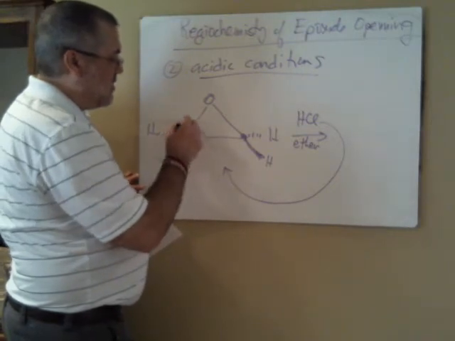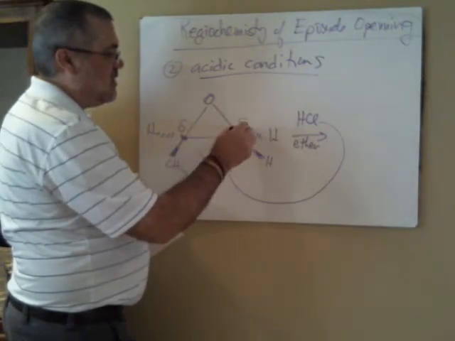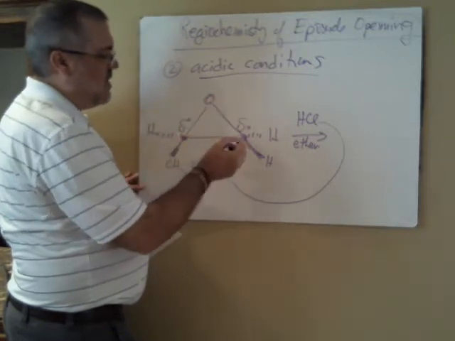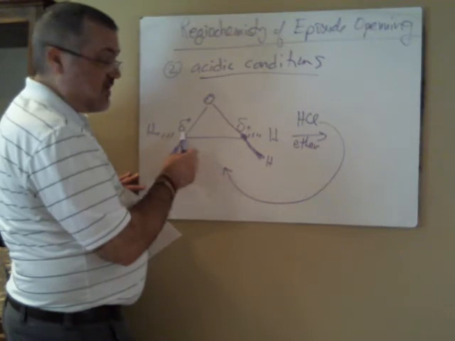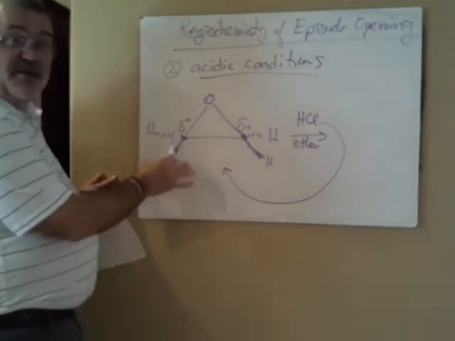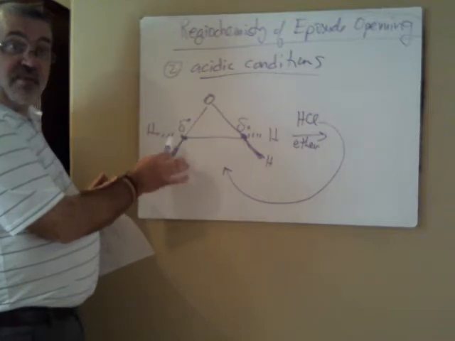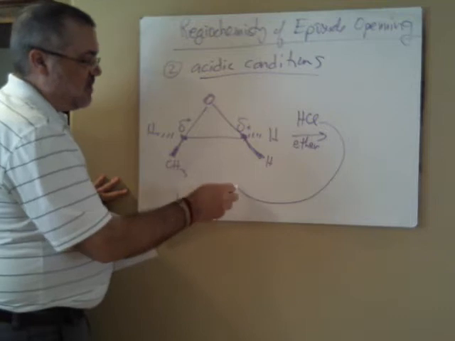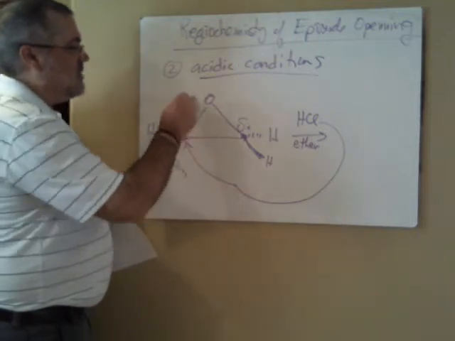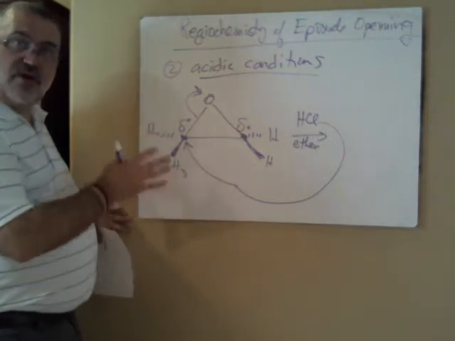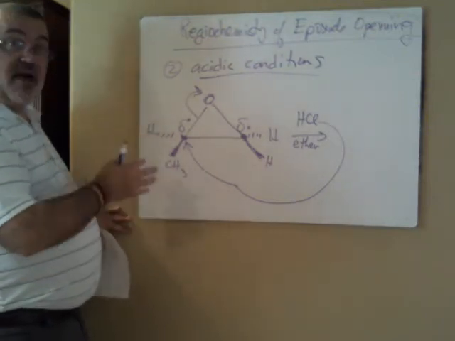Because remember, when you're looking at partial charges here, because this is electronegative, these two carbons are electrophilic, so they've got a partial positive charge. Well, the one that's more substituted has more stabilized positive charge character. Therefore, the nucleophile in the acidic case comes into this side. Okay? Opposite regiochemistry to the base opening.